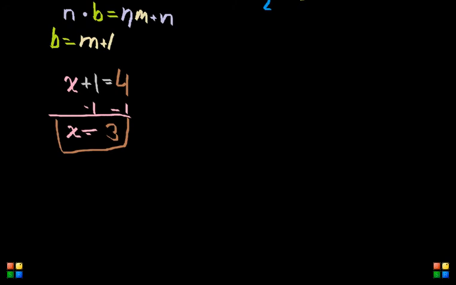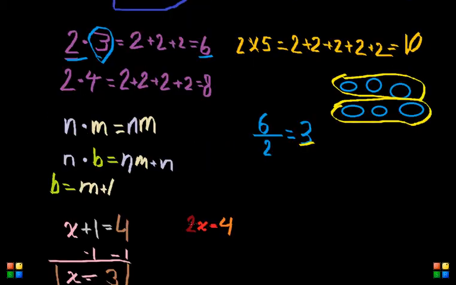So, what does multiplication and division have to do with it? Well, let's look at this. What if I gave you 2 times x is equal to 4? See that? 2 times x is equal to 4. So we have to find what number times 2 is equal to 4. Well, how do you do this?